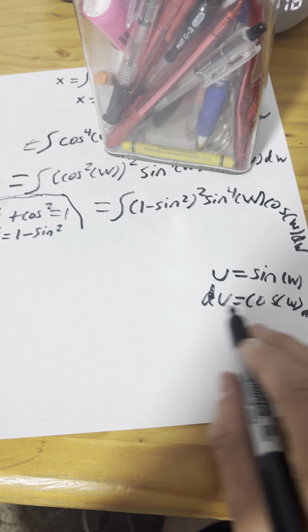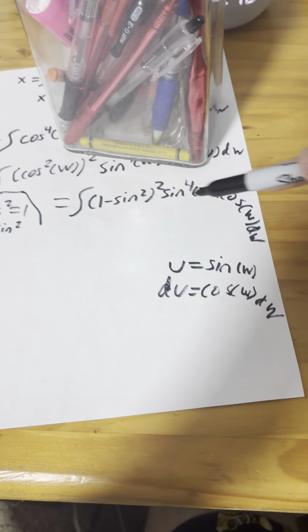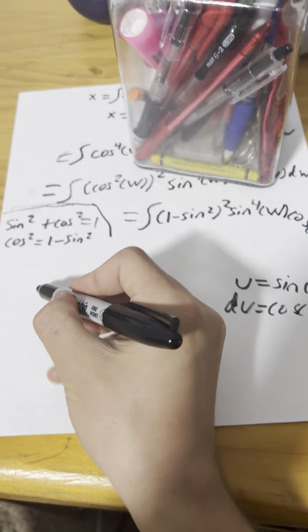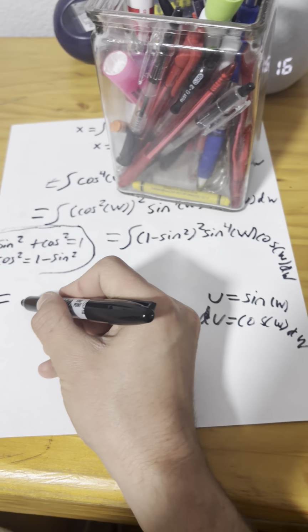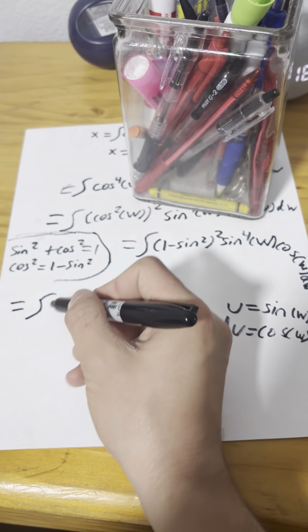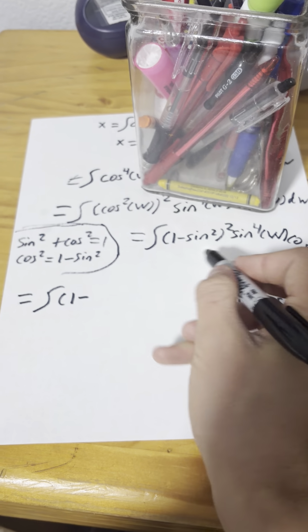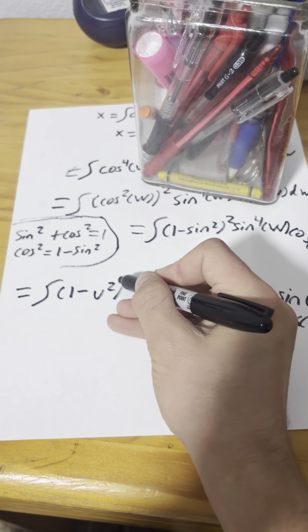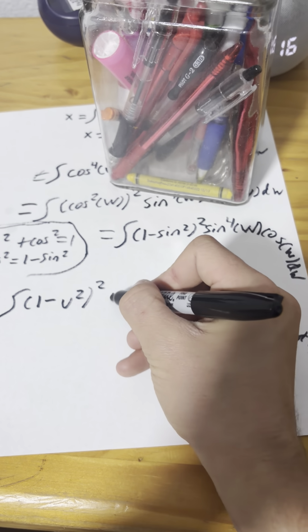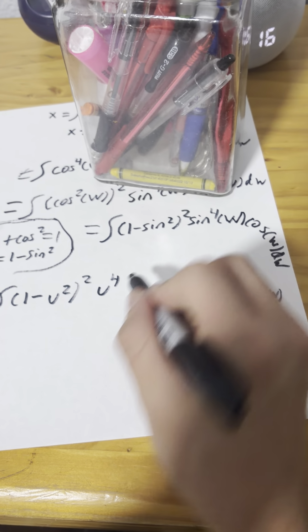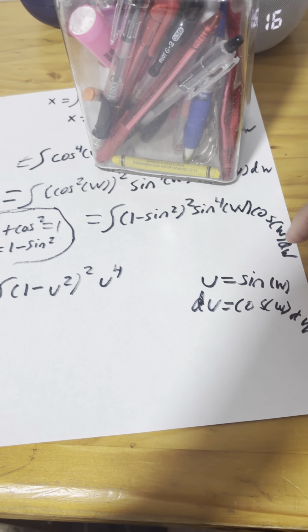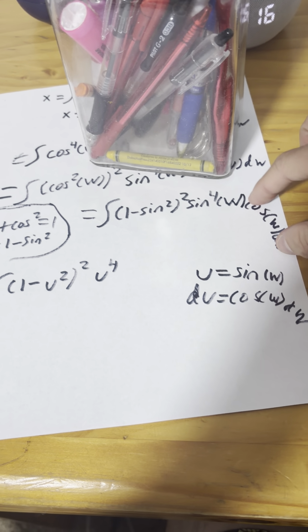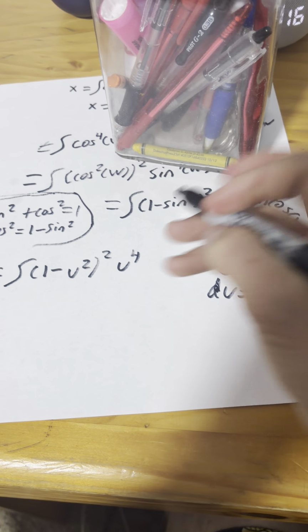Now let's plug that in for this equation. Sine is u, so u squared, times u to the power 4. And since cos w dw is just du, we take that away and put du.